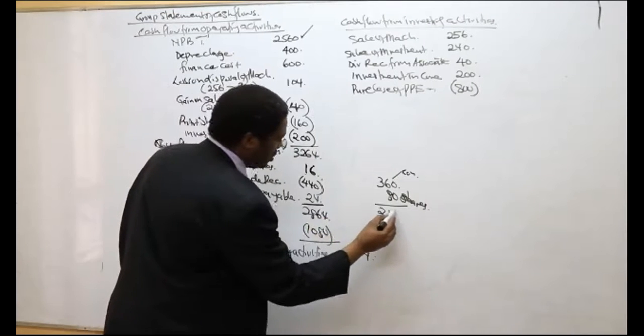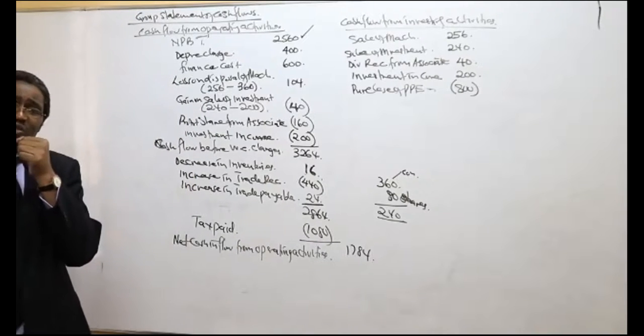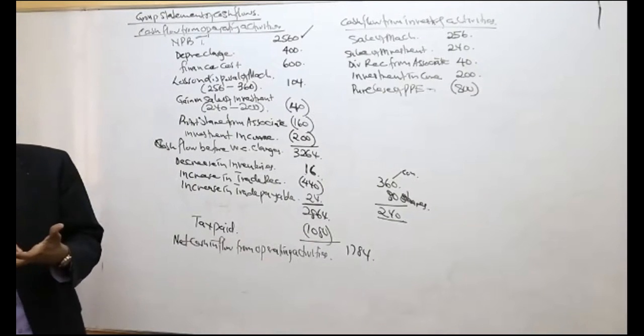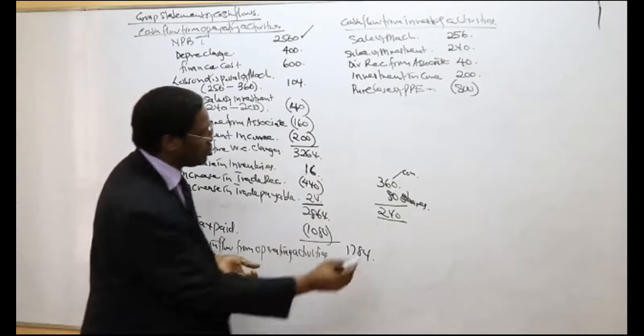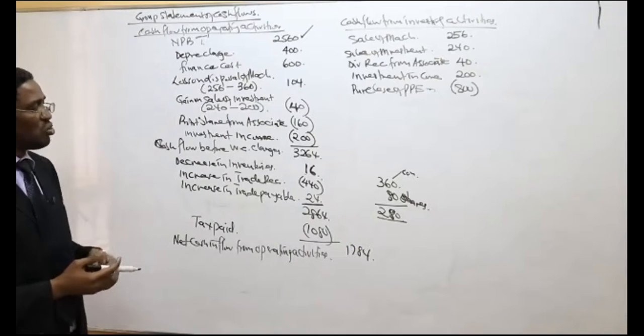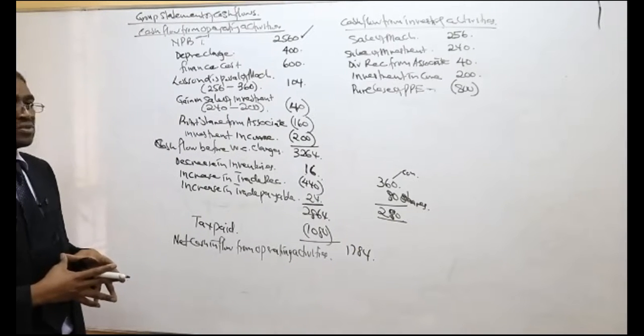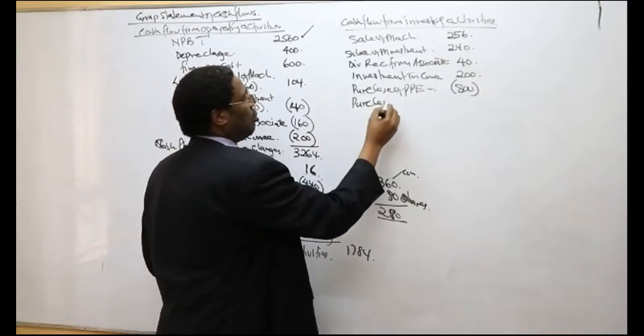Looks like 240. So if we paid 240 million cash, no, sorry, 280 million to acquire that subsidiary, we need to come and say here, purchase of subsidiary.